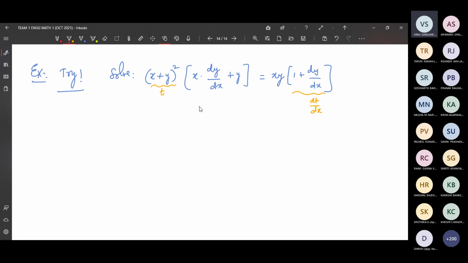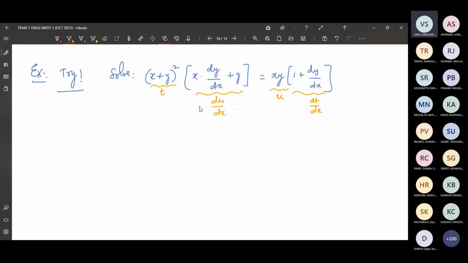Similarly, if I take xy as some u, then take the derivative of u with respect to x: x dy by dx plus y into 1 equal to du by dx. So this becomes du by dx.